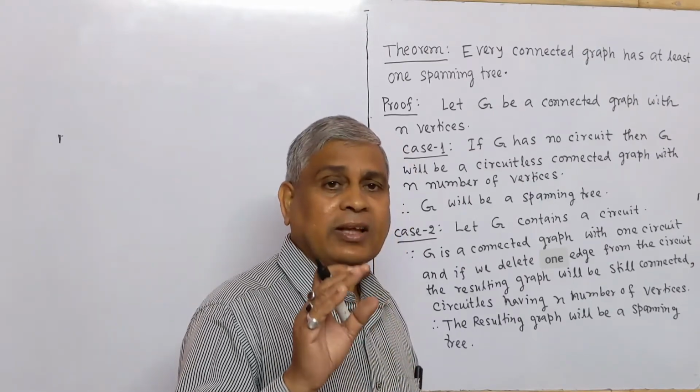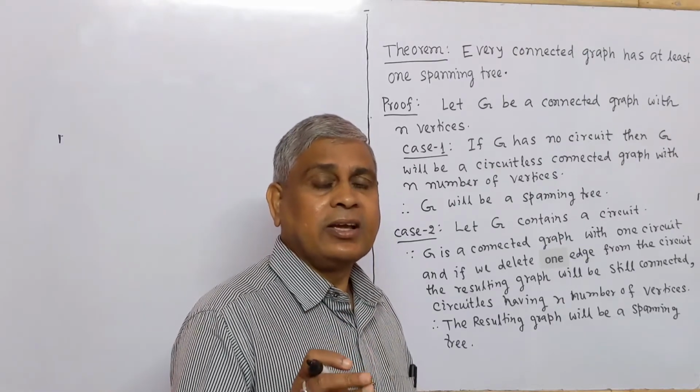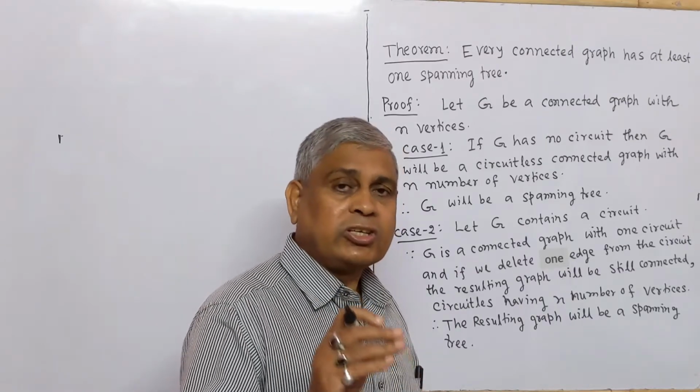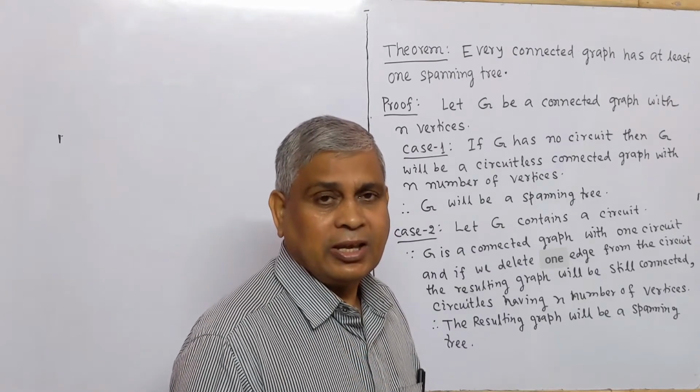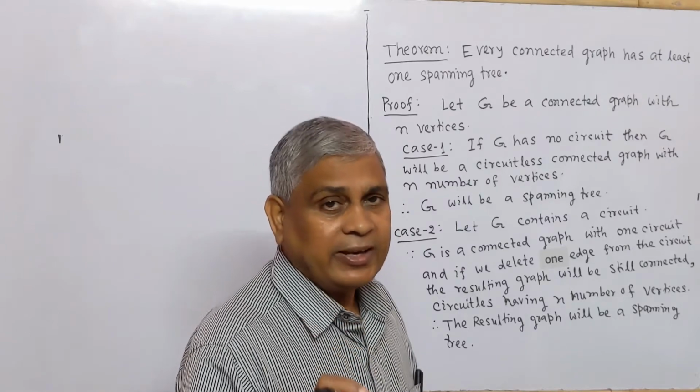That is, the graph is a tree, and since it contains a number of vertices which is equal to the number of vertices in the graph G, therefore the resulting graph is a spanning tree.